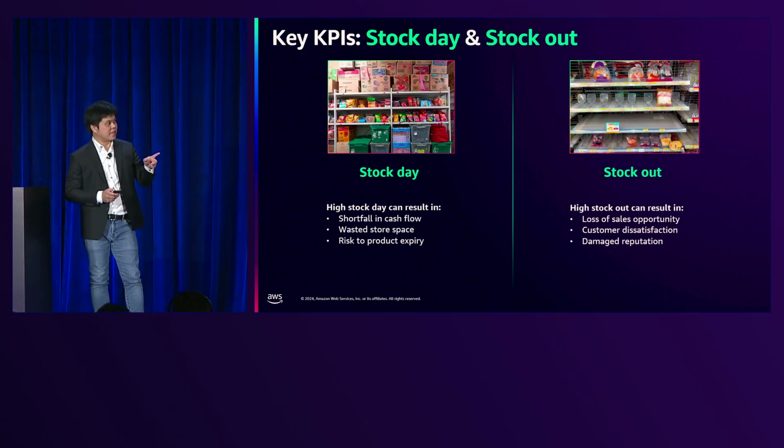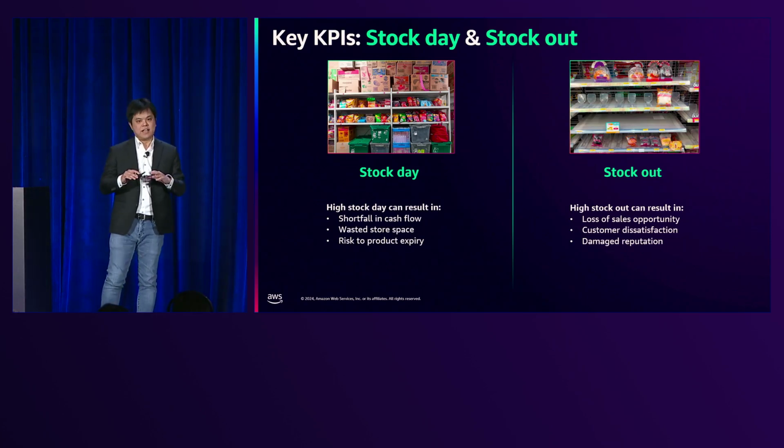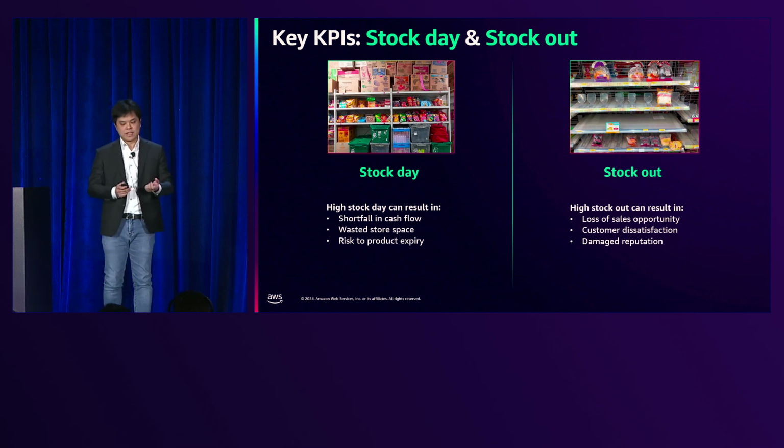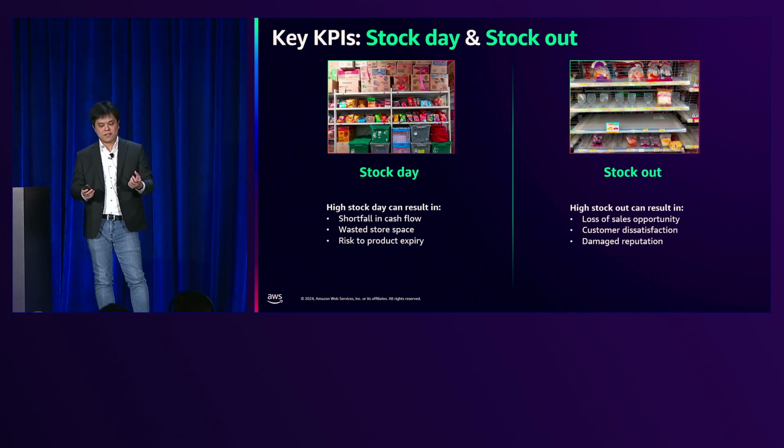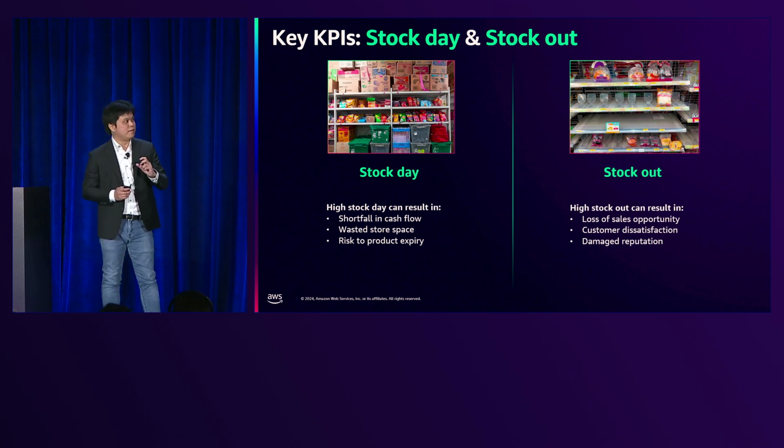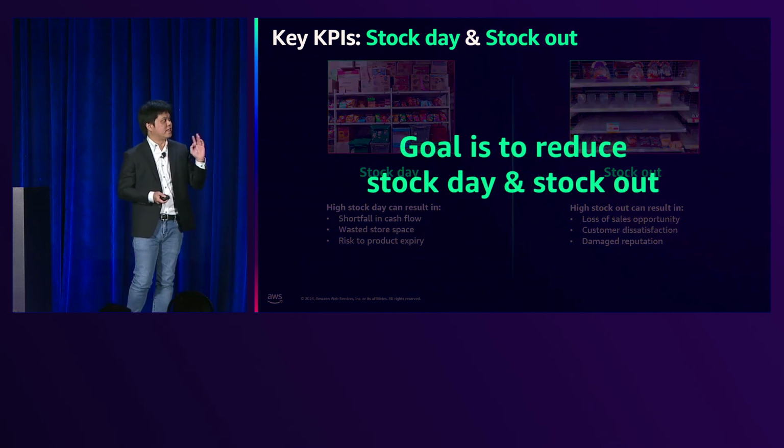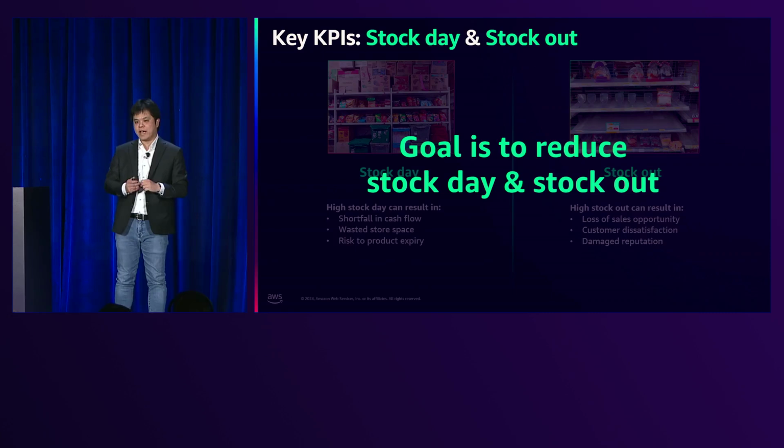And the second KPI, stock out, indicates insufficient stock of a particular product in your inventory. So high stock out potentially leads to lost sales opportunities, right? And could also impact our customer satisfaction. So in a nutshell, the demand forecasting and replenishment activity aims to maximize efficiency in store inventory management by reducing these 2 key KPIs.